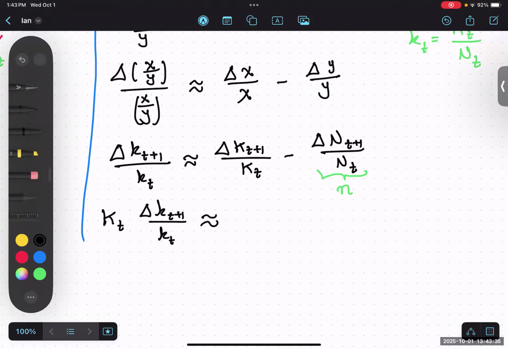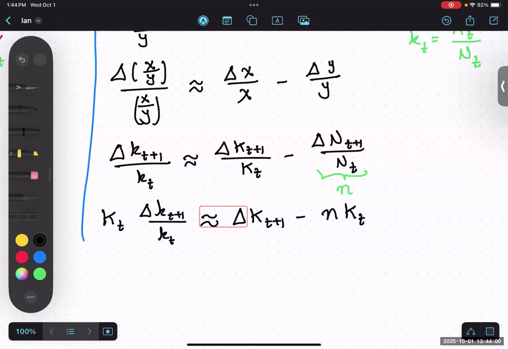And this is approximately delta kt plus 1. Remember, the moment I multiply by kt, I just got rid of the kt that I had in the numerator. Minus, we know that delta nt plus 1 over nt is just lowercase n multiplied by kt.